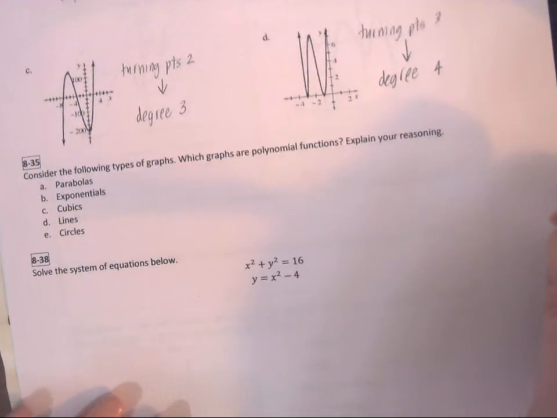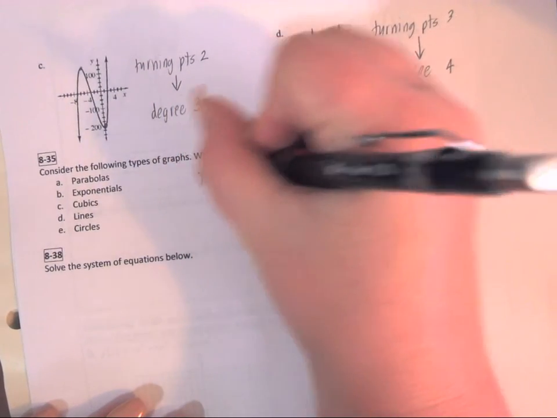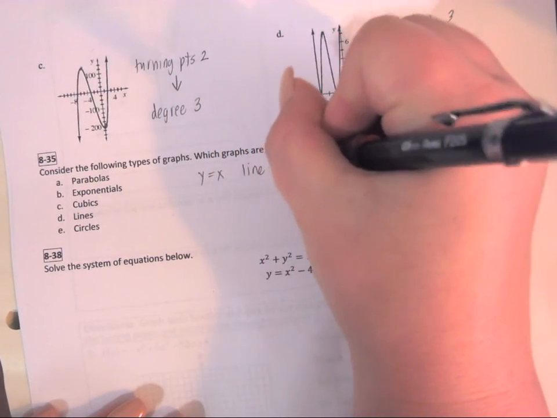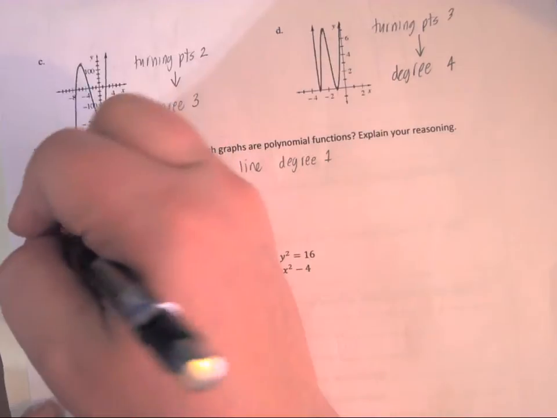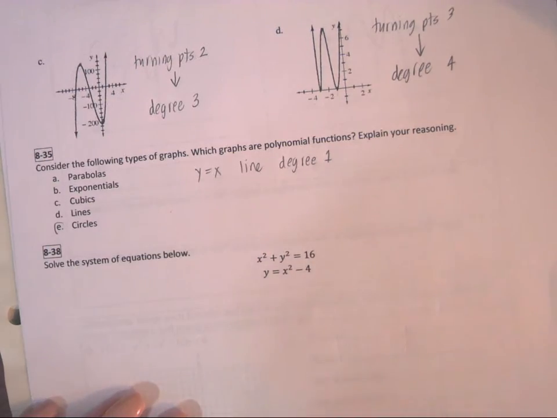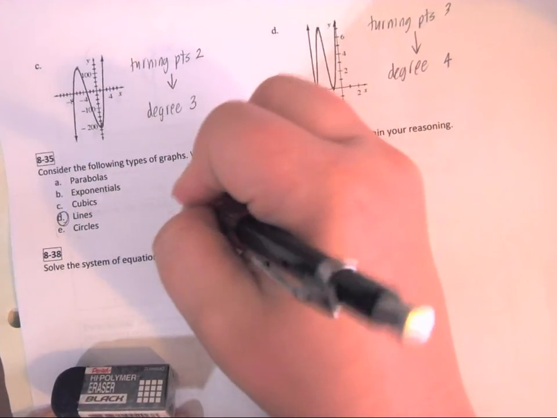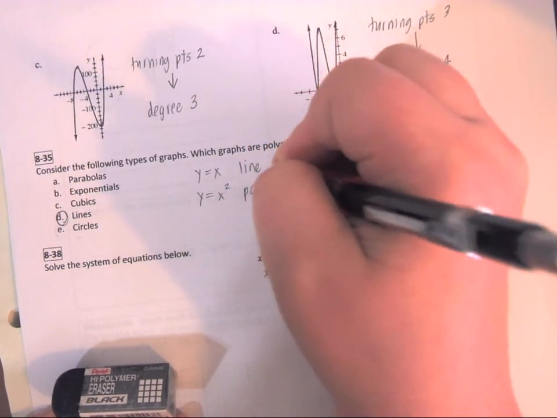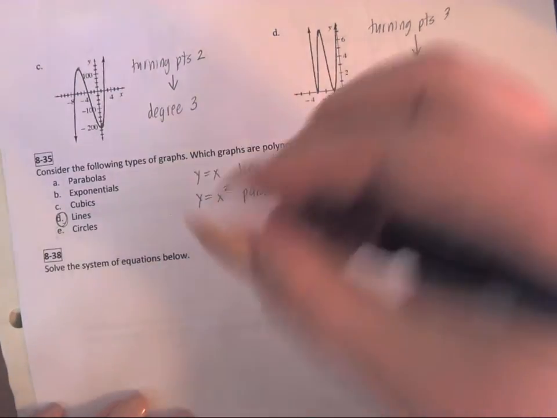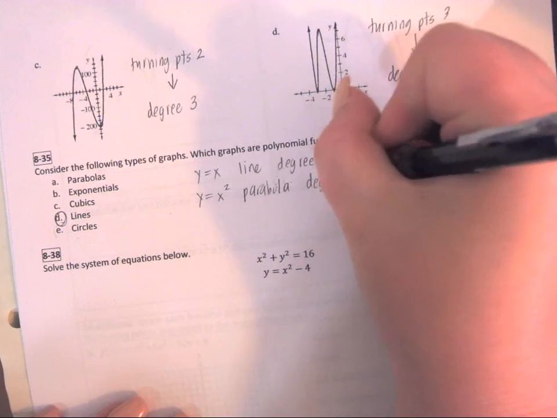Okay, so consider the following types of graphs, and which of them are polynomial functions. Y equals x is a line, and that's degree 1. So this is a polynomial function. The parent parabola, y equals x squared, is a polynomial of degree 2.